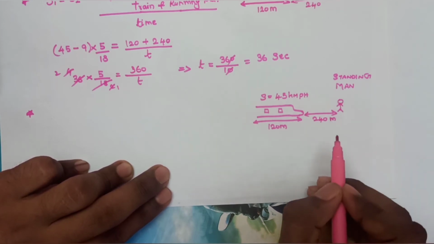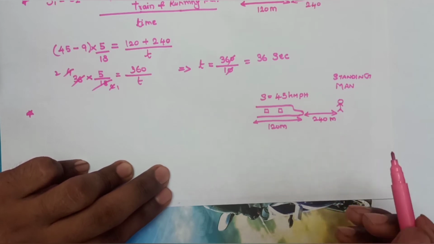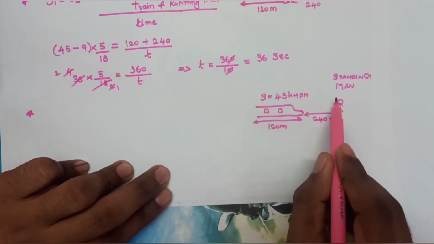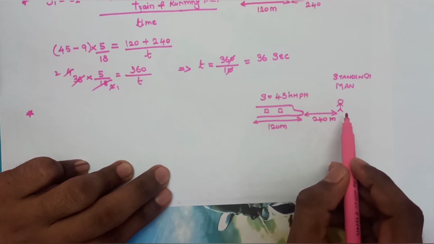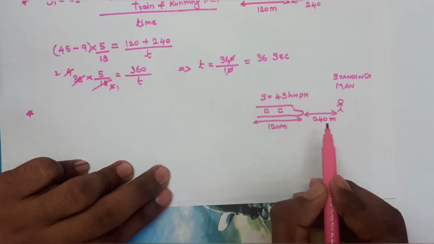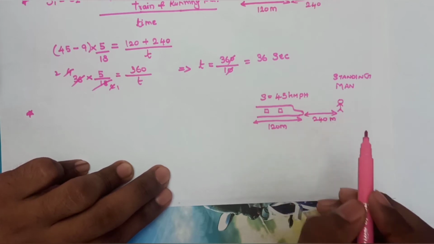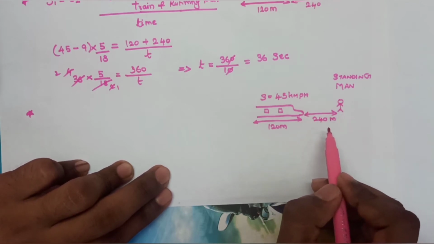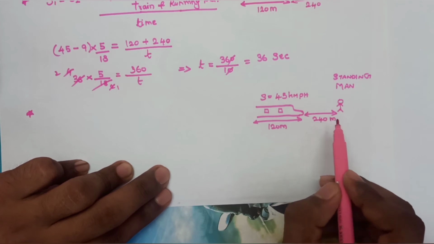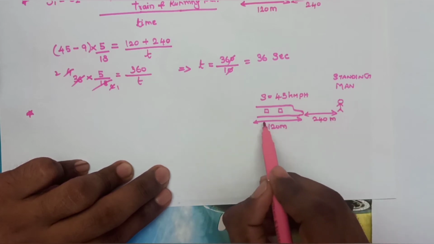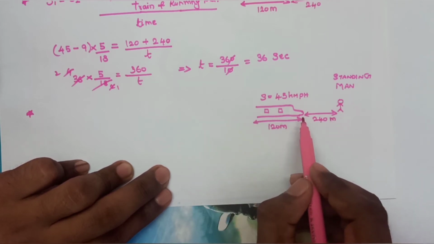It's obviously a line method. So we can't simply say it is a point method only because of the standing man, because they have mentioned some distance in between the train's front position and this man. So we have to take this distance also. So this distance we have taken as a line, and the train length we have taken as a line, right?